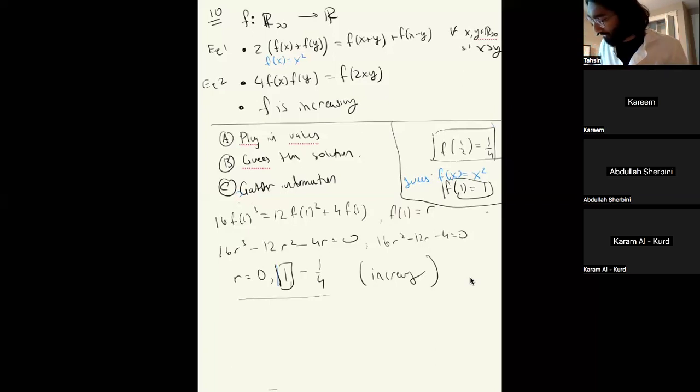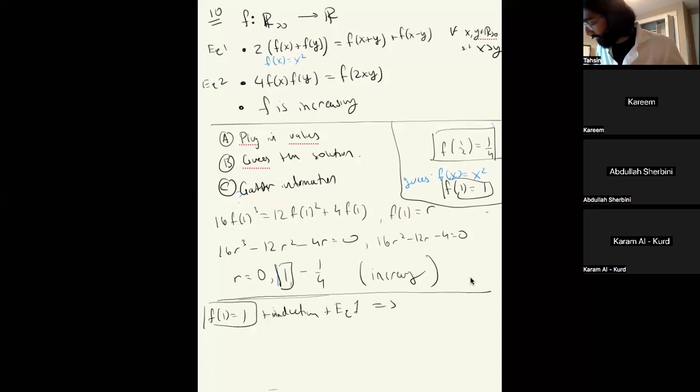Because once you have f of 1 equals 1, plus induction and equation 1, I think should give us f of n equals n, or maybe n squared, for integer n. So do you guys understand this one?